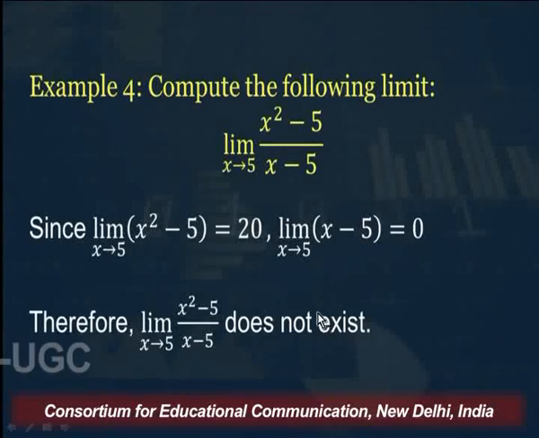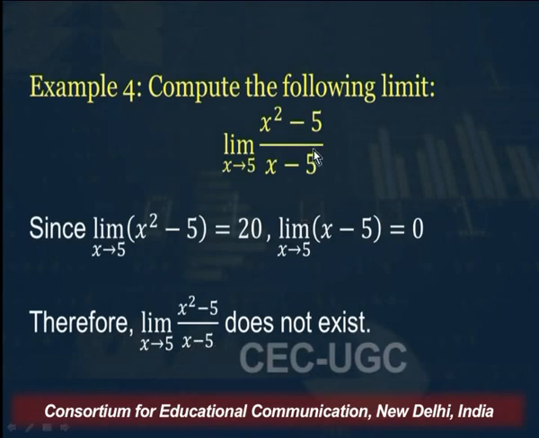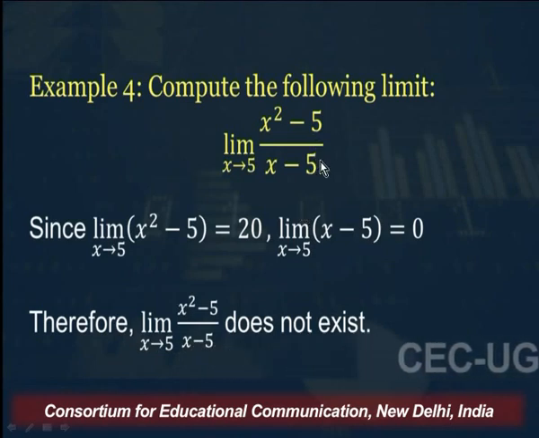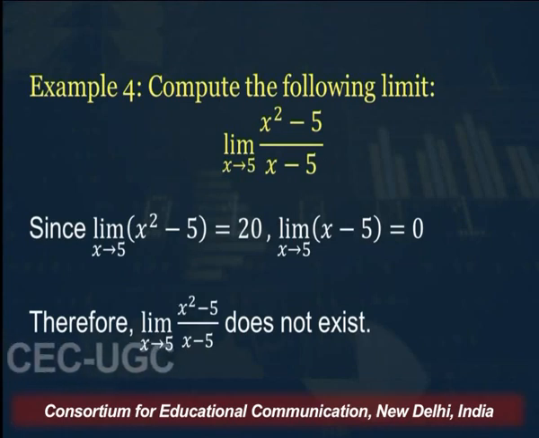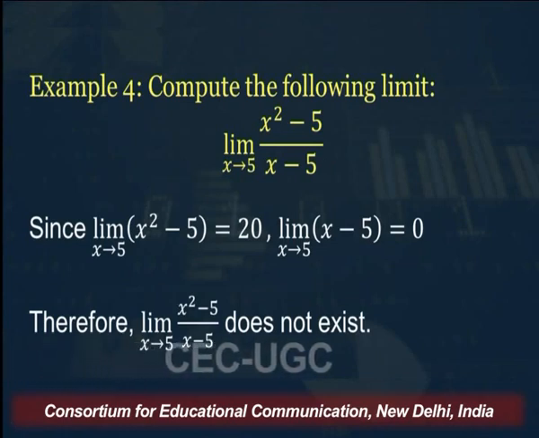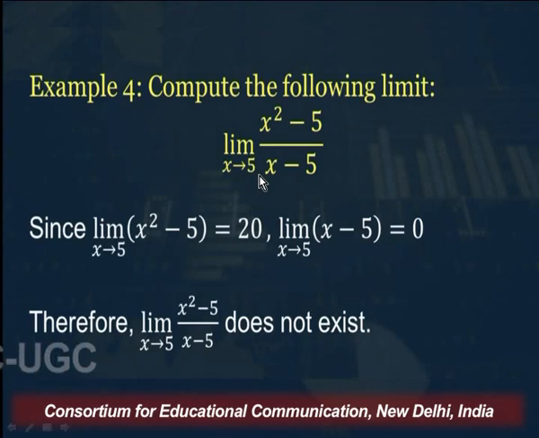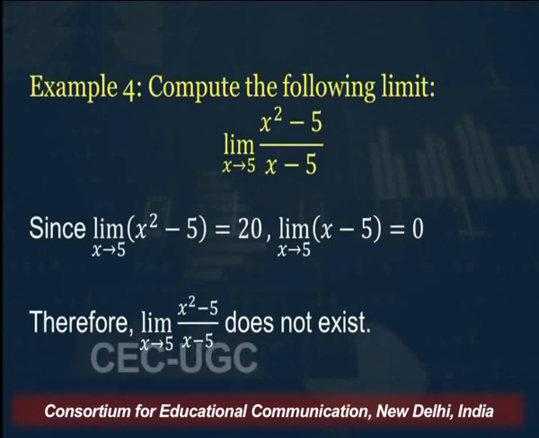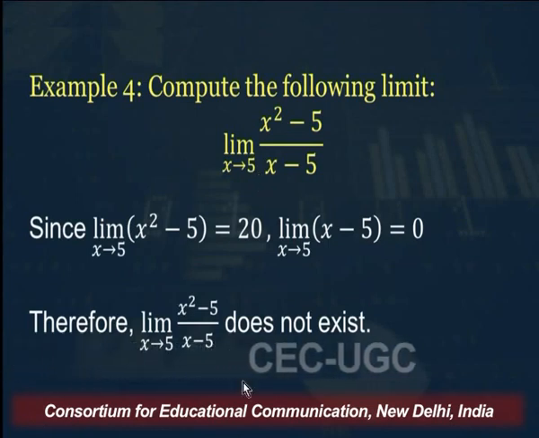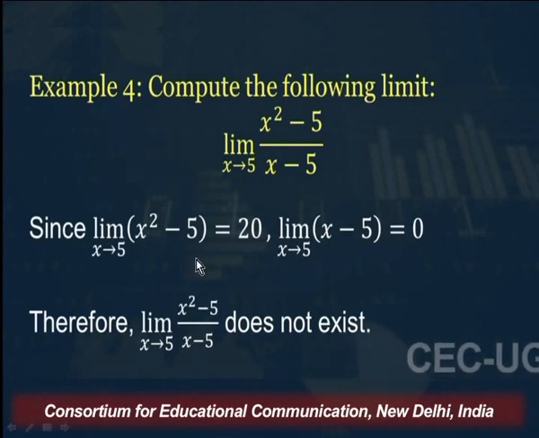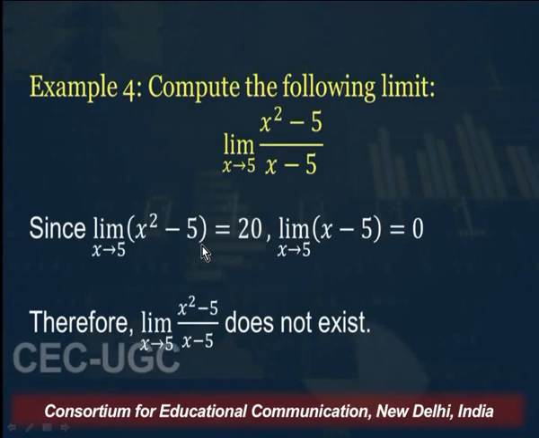So let's look at this limit. The question asks you to evaluate the limit of x squared minus 5 divided by x minus 5, right, as x tends to 5. So it's just basically the function from the previous example, except that now x tends to 5 instead of x tending to 6, which was example 3. Now here you can see that the limit of the numerator as x tends to 5 is 20, because that's going to be 25 minus 5, right?